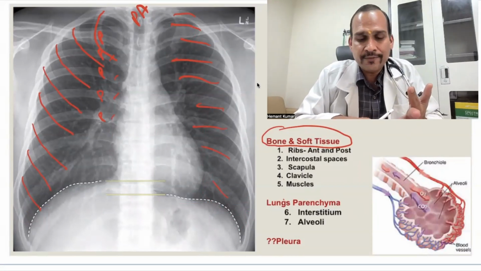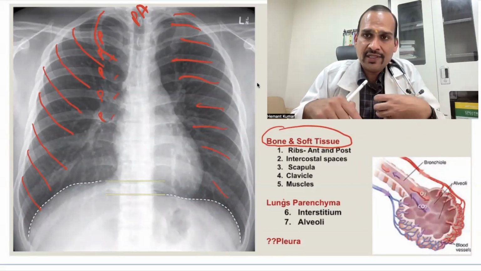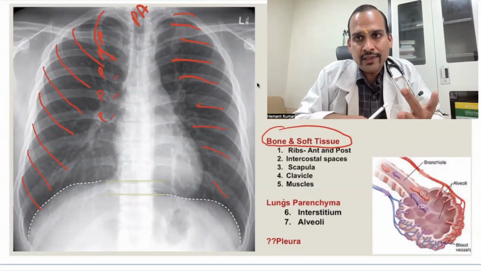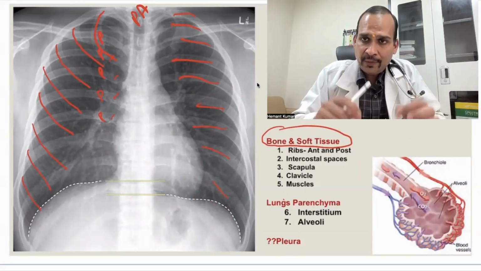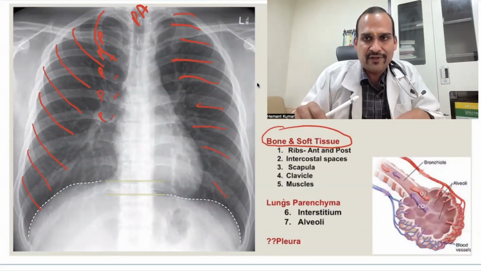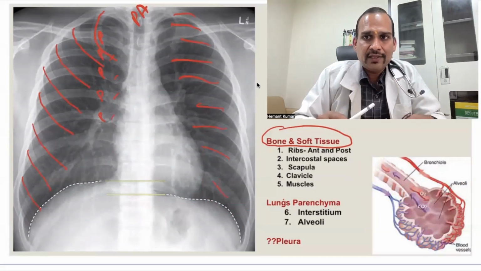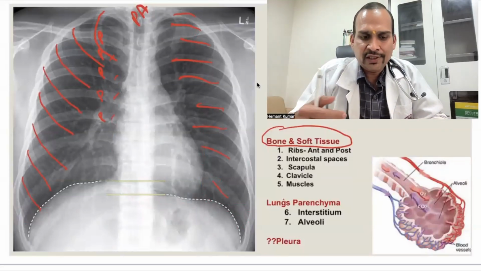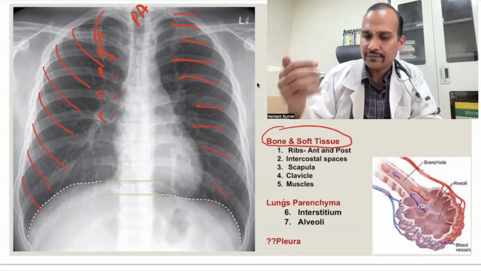Second, if there is a tumor inside the chest, it can infiltrate bone. Osteomyelitis you can see, especially in tuberculosis. Rib counting also helps to see whether it is an inspiratory or expiratory film. If more than 5 anterior ribs are seen, it is an inspiratory film; if less than 5, it is an expiratory film. So this is the significance of ribs.